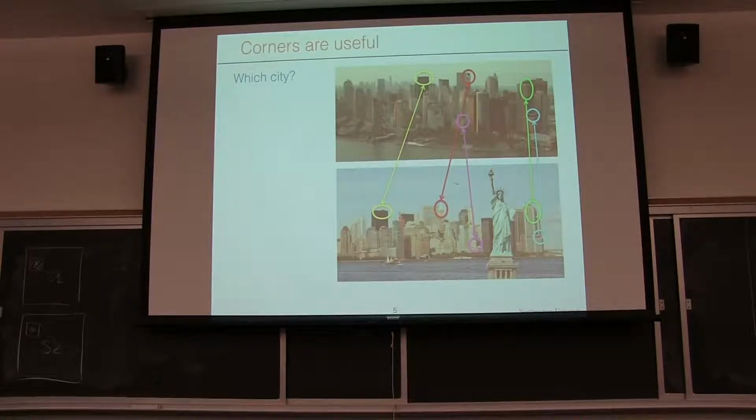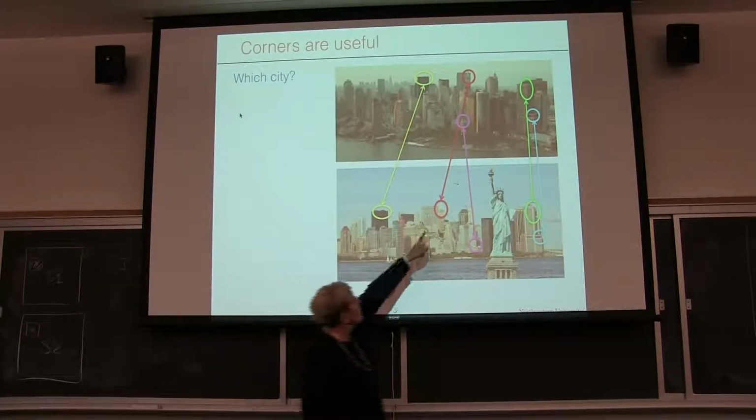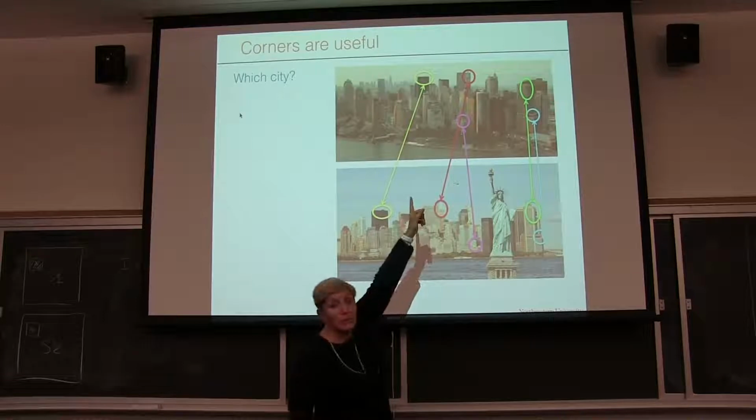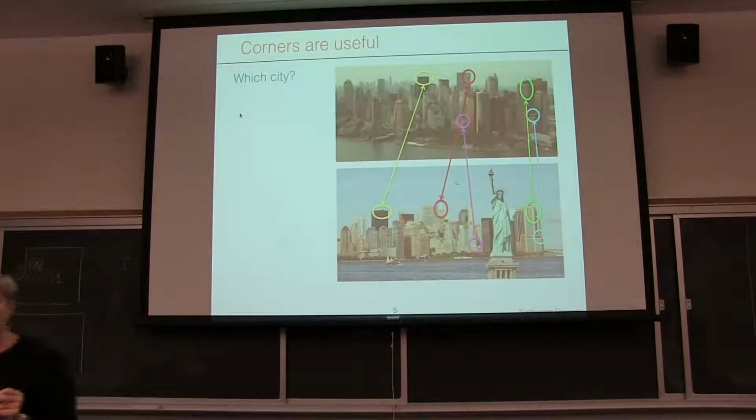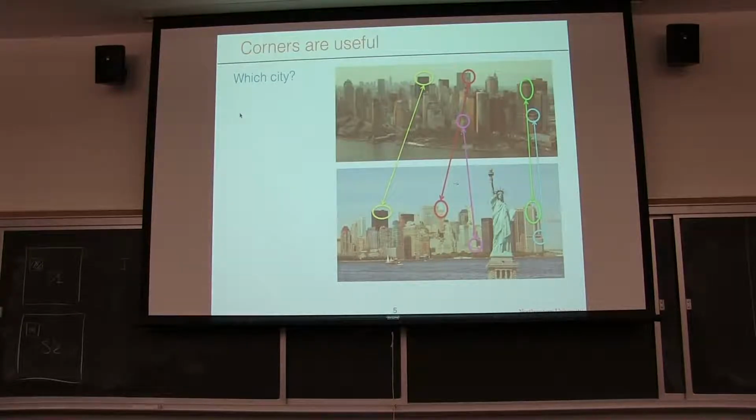Okay, so yes, my mouse is on top of the top one, but this tip of the tower is kind of green, right? And that tip of the tower over there is kind of green. So probably those two features correspond to each other, right? So how do you think we can make that into an algorithm? How can I compare? What will you do?